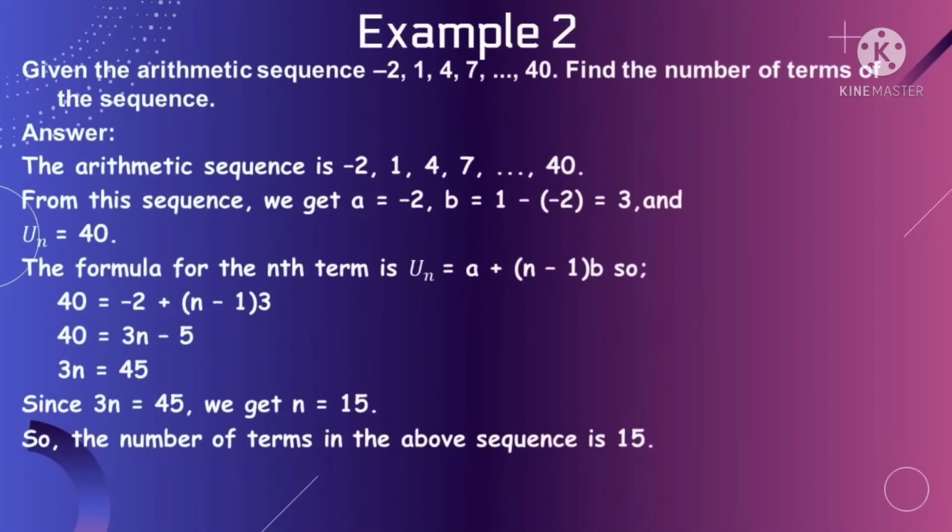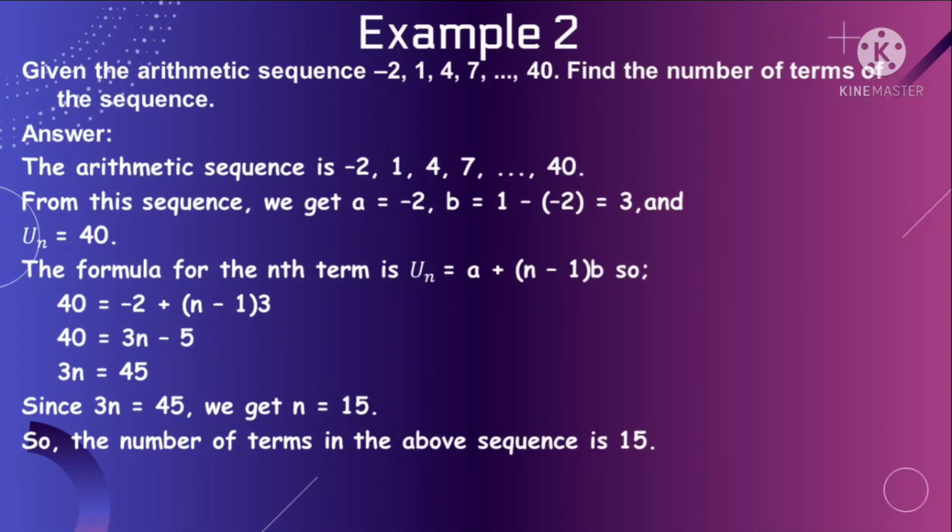Example 2. Given the arithmetic sequence of numbers minus 2, 1, 4, 7, up to 40. Find the number of terms of the sequence. Answer. From the sequence we get a equals minus 2, b equals 1 minus negative 2 equals 3, Un equals 40. The formula for the nth term is Un equals a plus n minus 1, in brackets, times b.